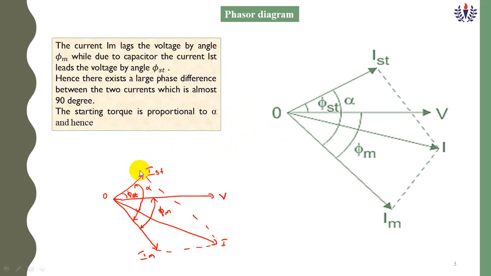Here the current Im lags the voltage by phi m, but IST is leading. Lagging means it goes in the negative quadrant, leading means it goes in the positive quadrant. A large phasor difference, greater than 60 degrees, almost around 90 degrees. The starting torque is proportional to alpha.